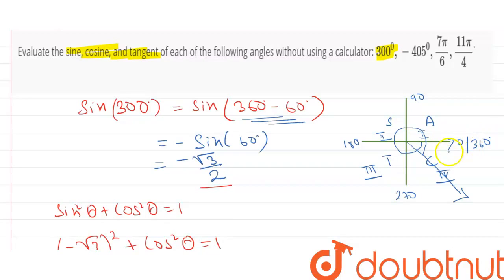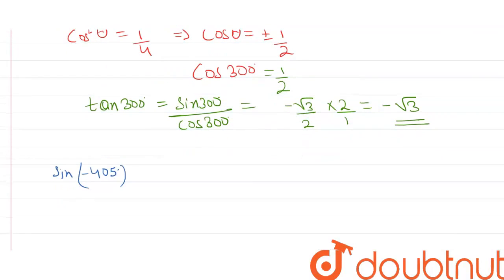And what is the value of sine in the fourth quadrant? Our angle will lie in the fourth quadrant, and the value of sine in the fourth quadrant is negative. So here we have to write sine minus 405 as sine of minus 360 plus 45 degree.